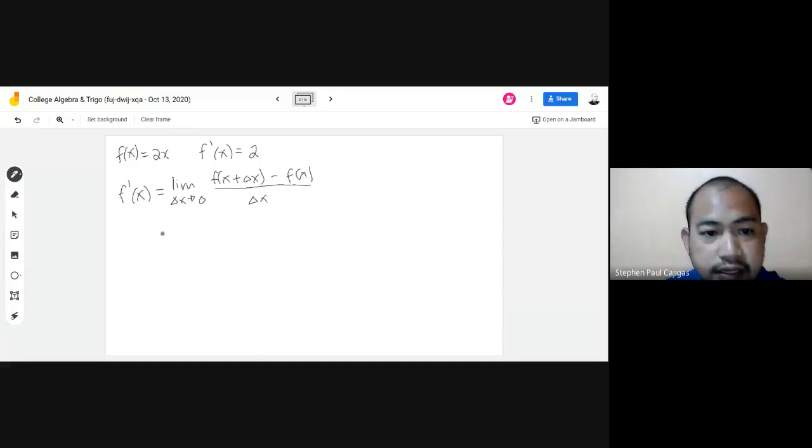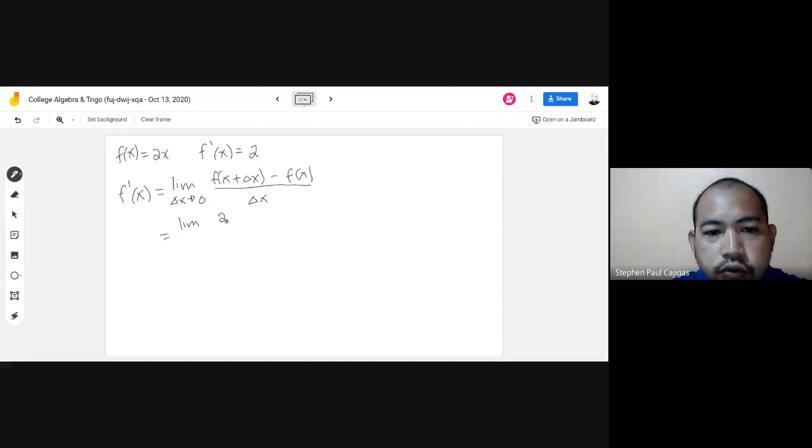Since we are not yet evaluating the limit, we substitute: instead of f of x plus delta x, we replace x with x plus delta x.